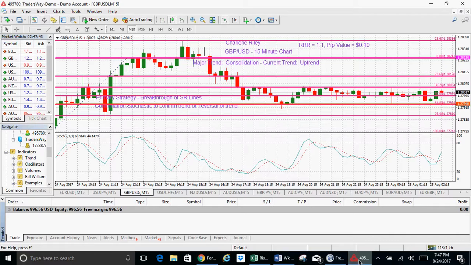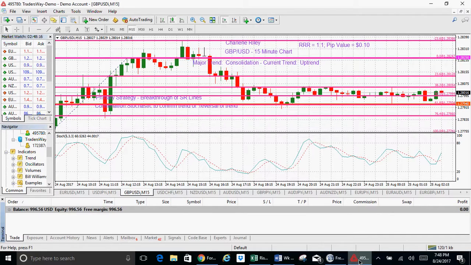The pairs that I use during these markets are the Australian dollar JPY, the Australian New Zealand, and the British pound JPY. And I am also trying out the Euro JPY to determine whether or not I'm going to use that in my trading plan.